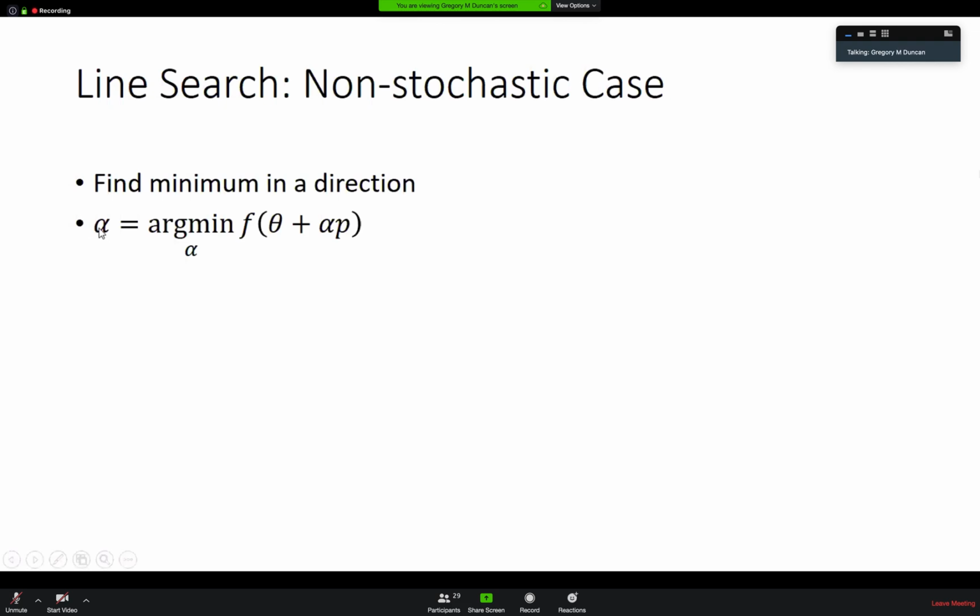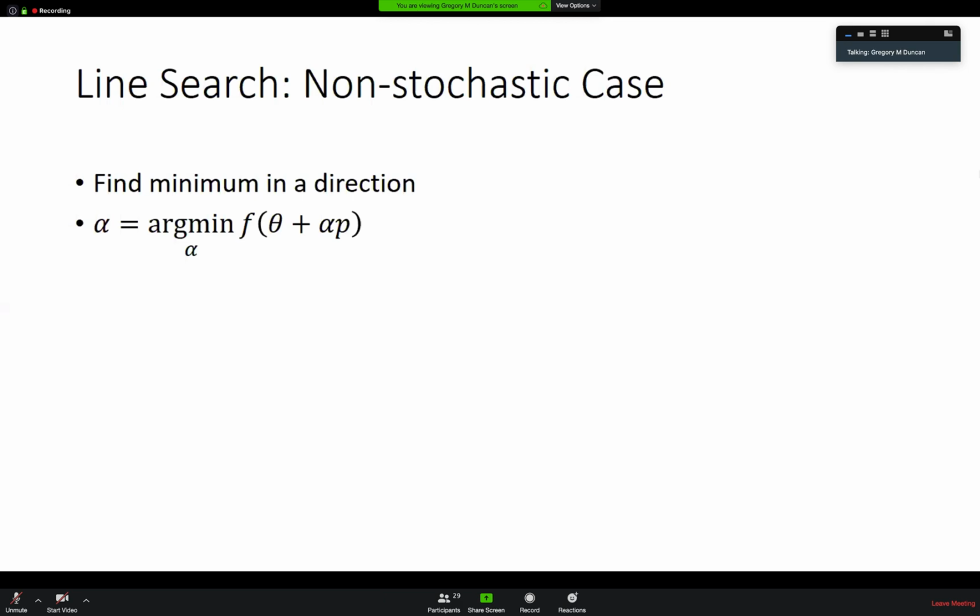So I want that alpha, okay? This minimization can be done all sorts of ways. You could do it by taking the derivative and setting it equal to 0. There are, as I said, all sorts of ways of doing that. That's called the line search.